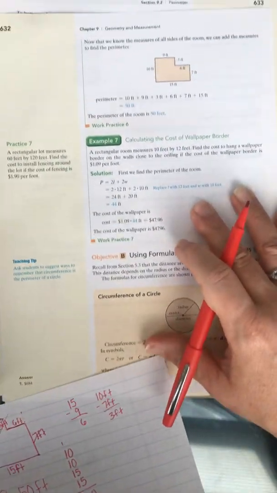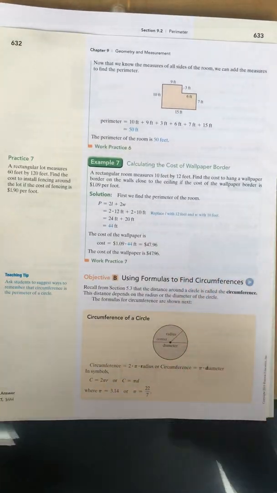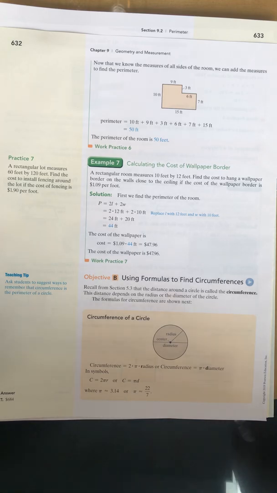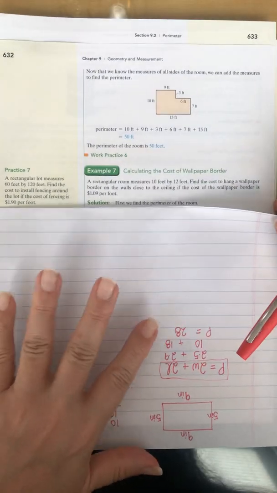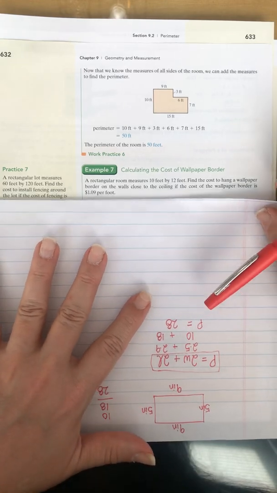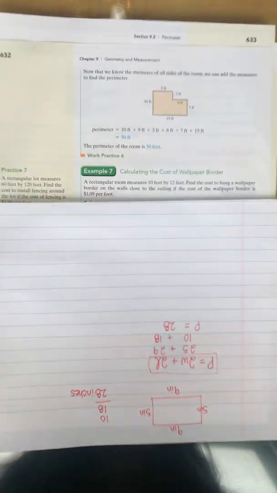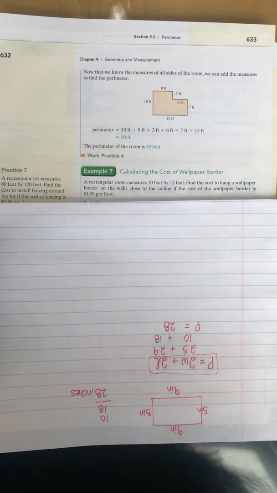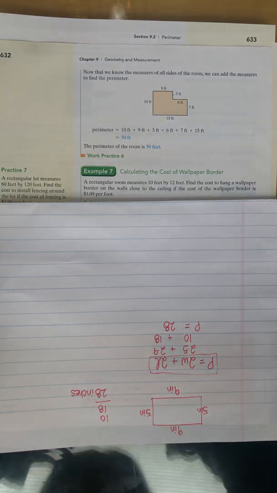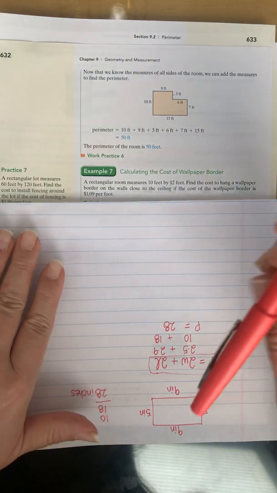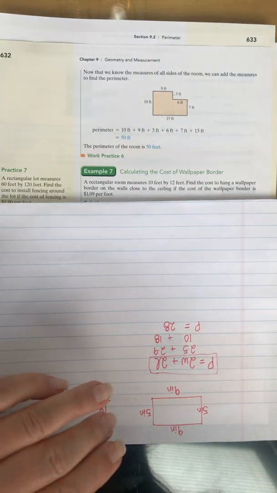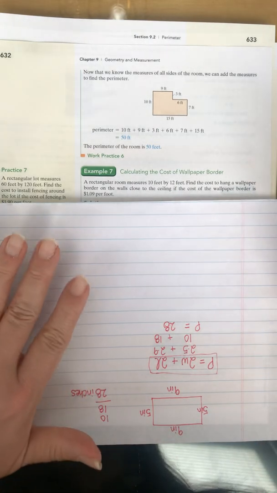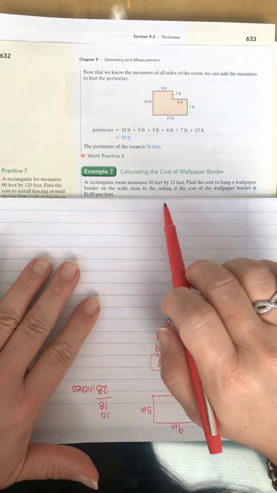Okay, now here's an application. If you were in the business of wallpapering, or if you wanted to wallpaper your room, a border, which is just the very top, or actually in the middle of a room, you want to put a border around a room.